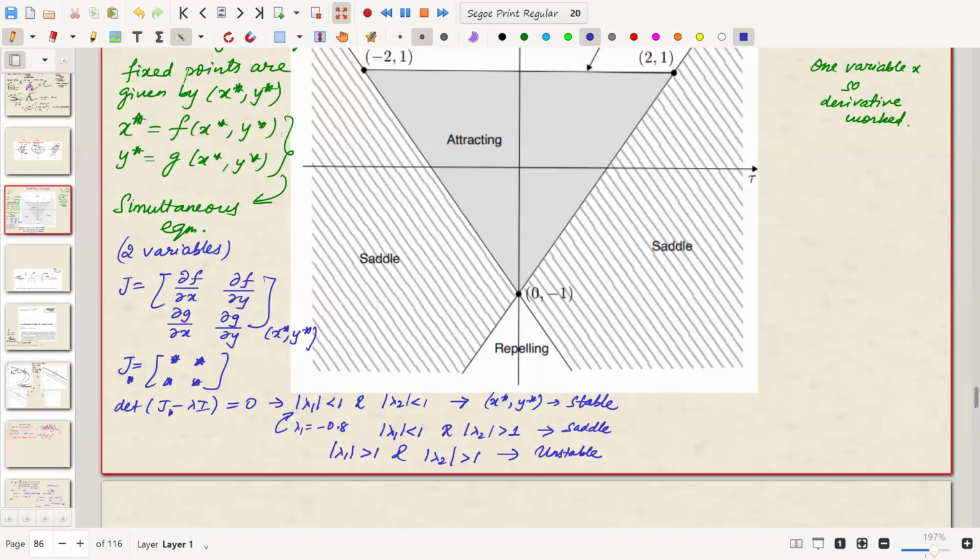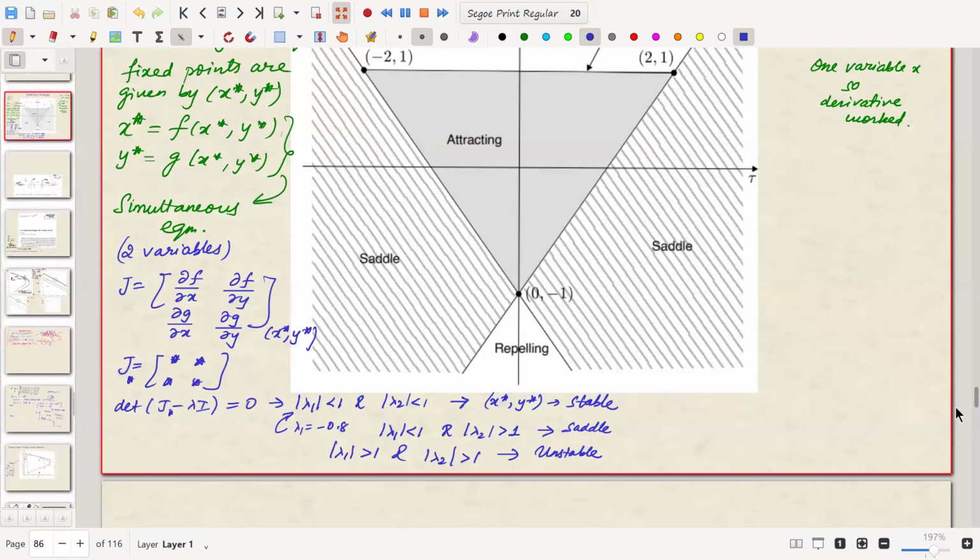So when you solve the quadratic equation, lambdas will be the roots of that characteristic polynomial, and you will have the formula: minus b plus minus root over b square minus 4ac by 2a. Isn't it?